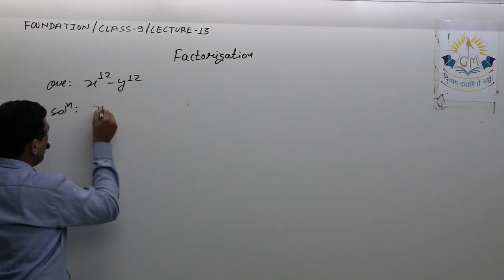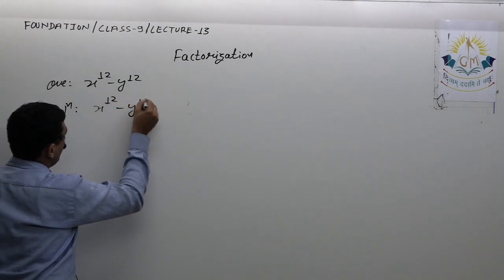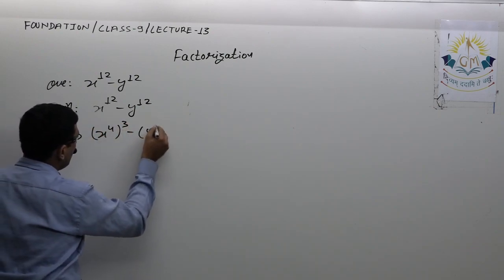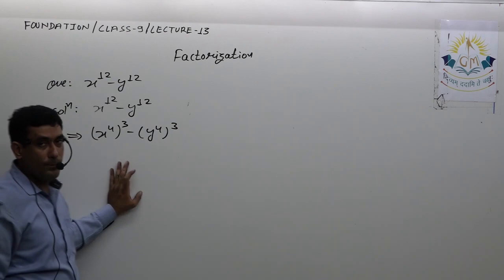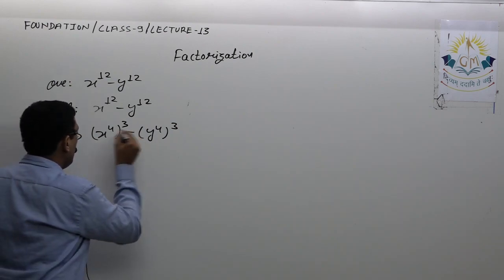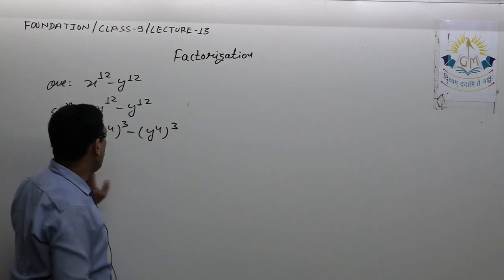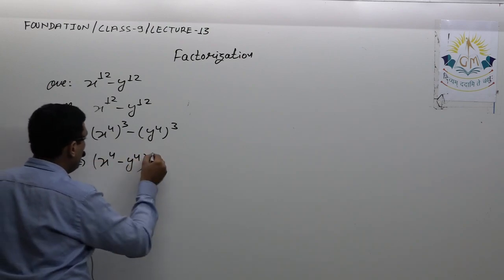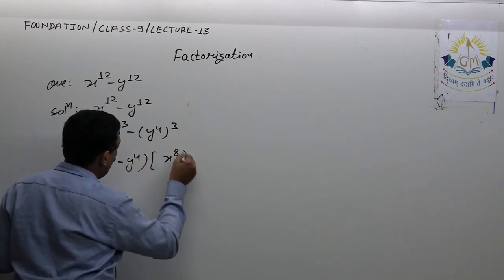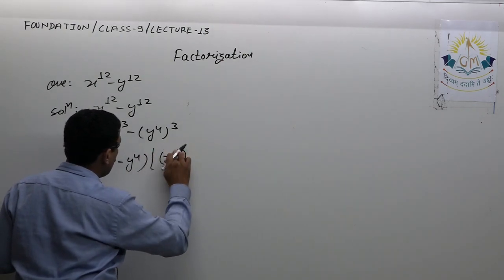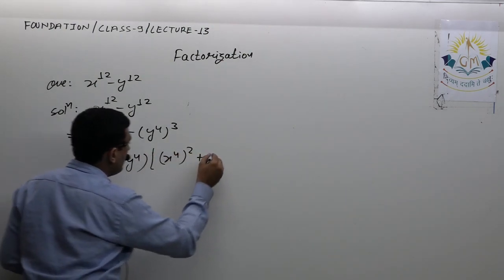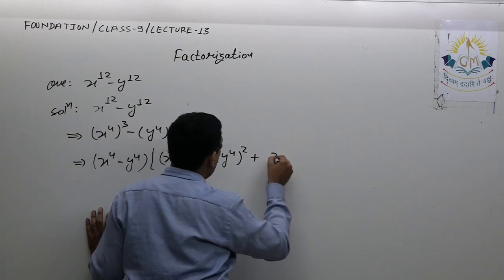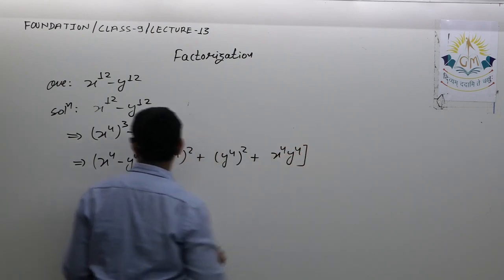So I will start with this. Okay, x raised to 4 raised to 3. So this is x raised to 12 minus y raised to 12. That is x raised to 4 raised to 3 minus y raised to 4 raised to 3. Okay, a cube minus b cube. So a cube minus b cube is a minus b, then a square, that is x raised to 4 square plus y raised to 4 square plus x raised to 4 y raised to 4.